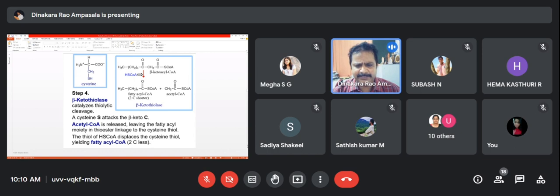Acetyl-CoA is released, leaving the fatty acid moiety in thioester linkage to the cysteine thiol. Okay, the thiol of coenzyme A displaces the cysteine thiol, yielding a fatty acyl-CoA molecule that is two carbons less. We will get a two-carbon shorter fatty acid plus acetyl-CoA molecule because of carbon-carbon bond cleavage between the alpha and beta carbon.